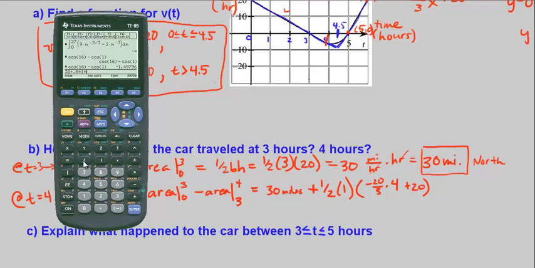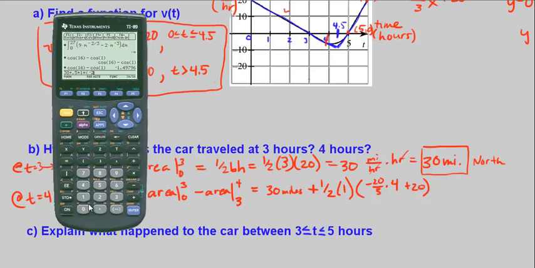And then times, in parentheses, negative 20 over 3 times 4 plus 20. And I need to put it in parentheses here because this is going to be distributed into both of these terms. Okay? So I go ahead and do that, and I get 26.667 miles again north.